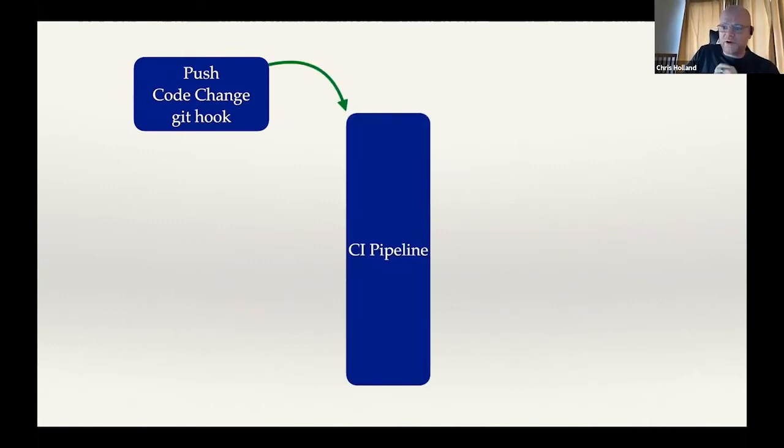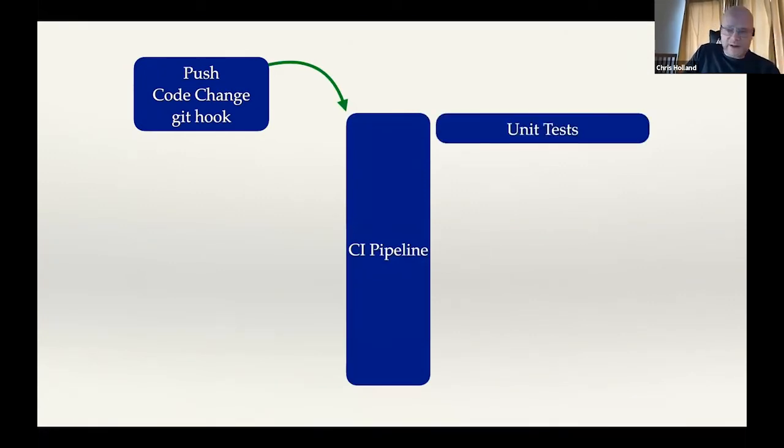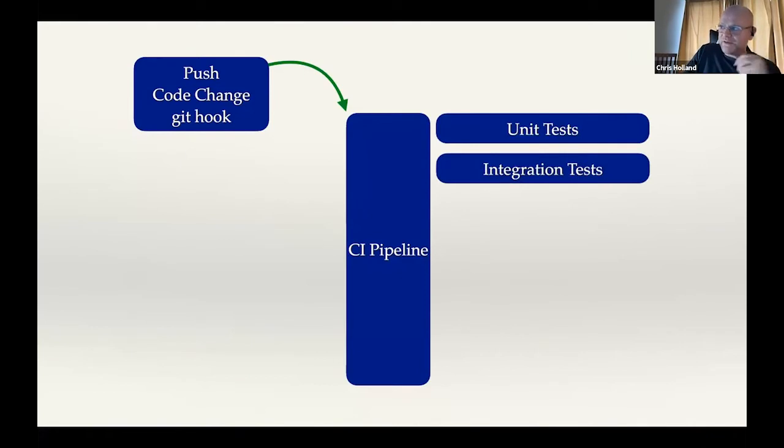So I'm going to show you a possible way to set up a CI pipeline. There are different ways of doing it. These are some of the things that I've done with my teams. When you push a code change, you may have a Git hook that might trigger your continuous integration pipeline, on which you might run your unit tests as well as your integration tests.